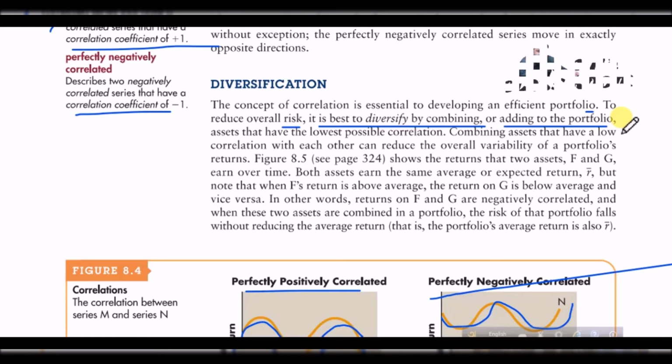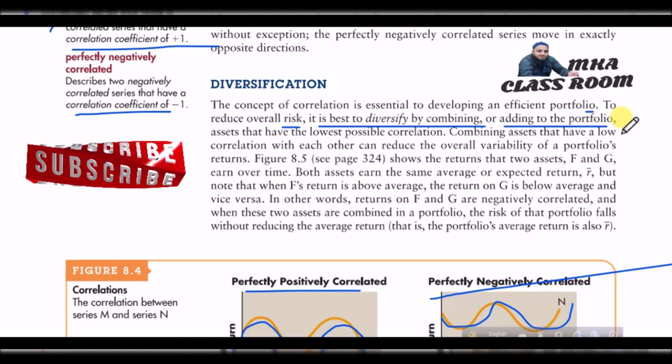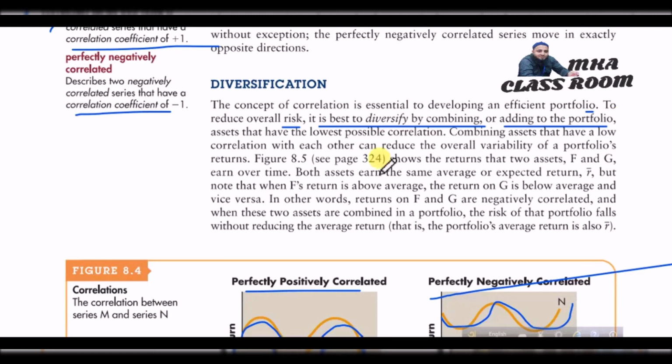If the asset correlations are negative, it is helpful for combining assets and reducing risks more. Combining assets that have a low correlation with each other can reduce the overall variability of a portfolio's return.